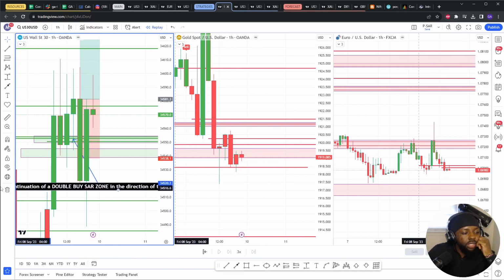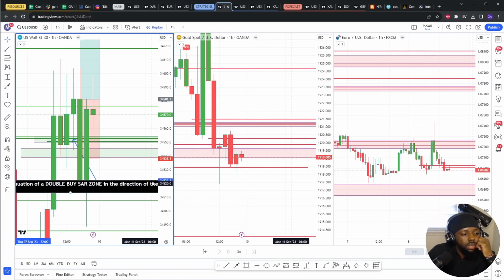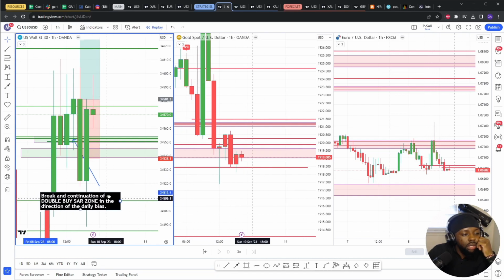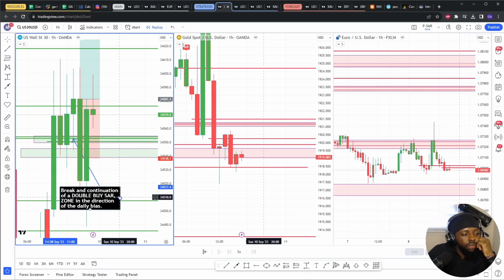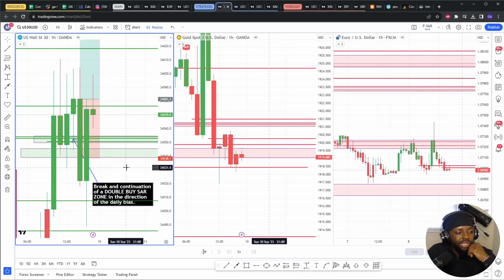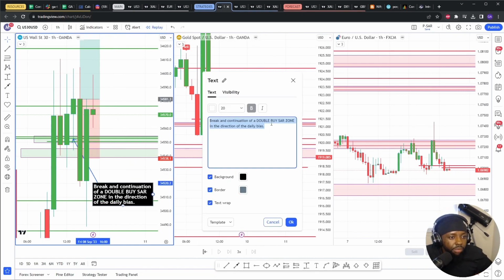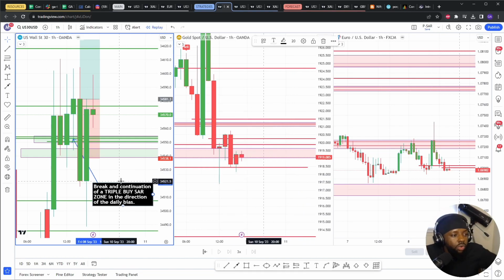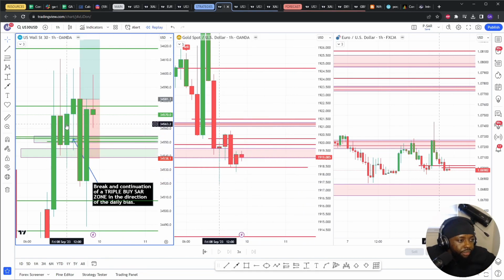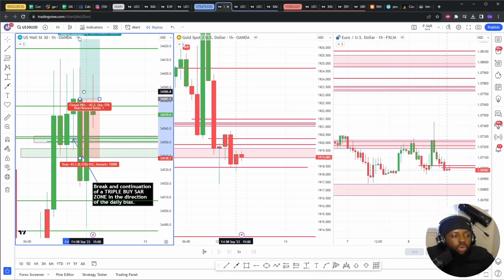Perfect, right? So this is one example of this. Hopefully you guys can see that this is triple. Actually, it's not even double. Because you have a break and then continuation, you want to enter on that candle.